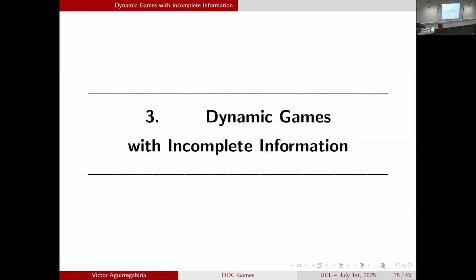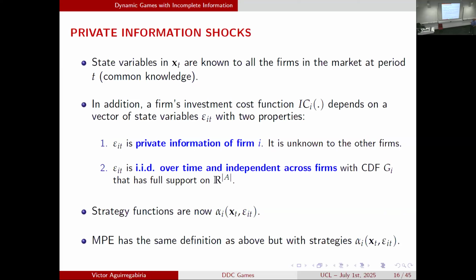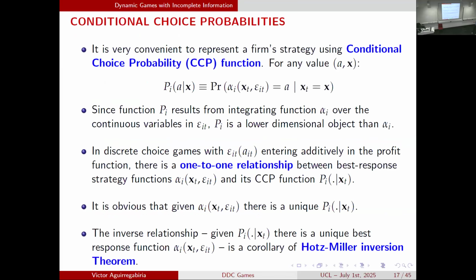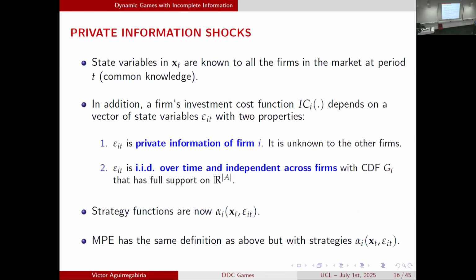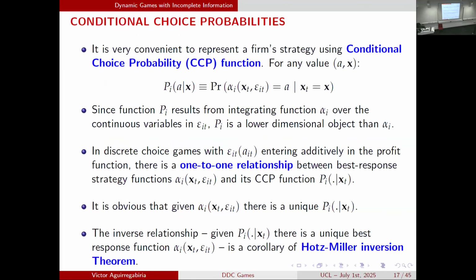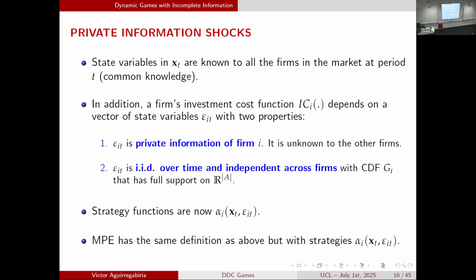Then, dynamic games with incomplete information. Basically, we are going to assume that there are these additive epsilons in the payoff function, that I'm going to denote as epsilon, that are private information of the firm, and they are IID over time and across players.